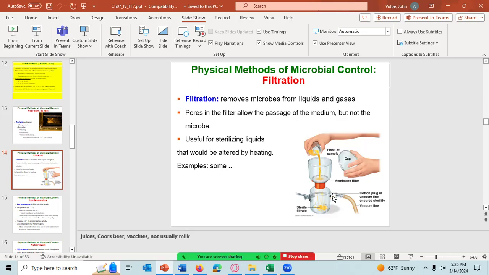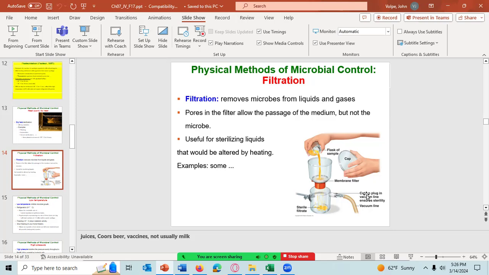Some vaccines are sterilized by filtration. We usually do not filter milk. The proteins and the lipids in milk will clog the pore and then prevent the filtration. Any question about any of that?